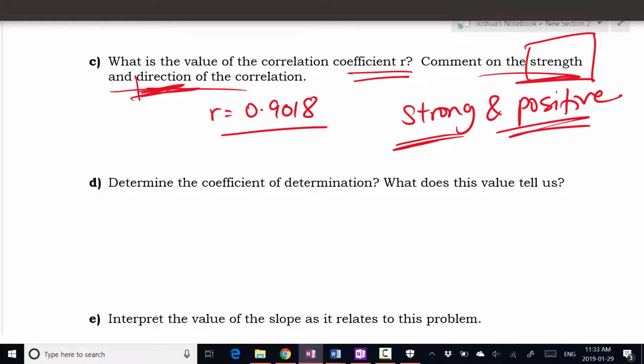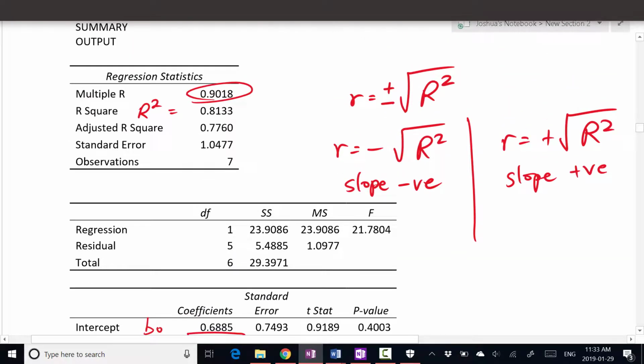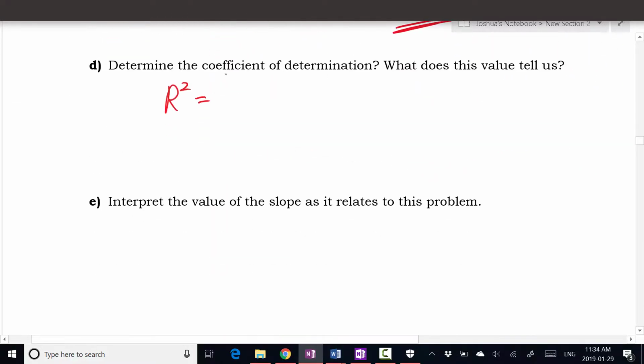The next question wants us to find the coefficient of determination, which is R squared. If we have R, we can either square R or we can just look up R squared from the table. In this case, we have R squared, it is 0.8133. That is our coefficient of determination. And what does it tell us? We need to be able to explain that.